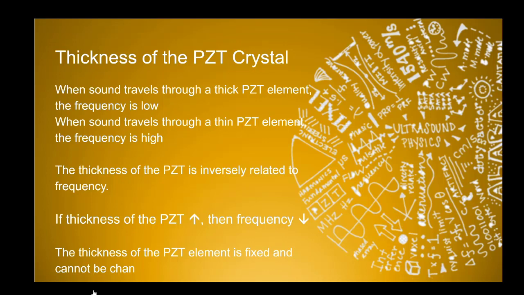More thickness equals low or less frequency. Less thickness is going to be high frequency. Again, it all has to do with how the element is made. The transducer manufacturer determines this. It is something that cannot be changed.